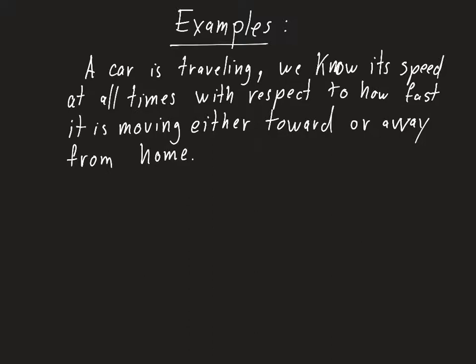So let's say that we know this. We know its speed. Let's call it f of x. And let's graph it here. So our horizontal axis is going to be t in, say, hours. Doesn't really matter what the unit is. And if we are positive over here, this is toward home.